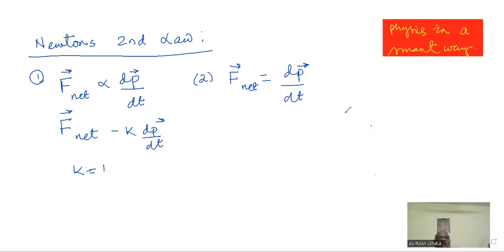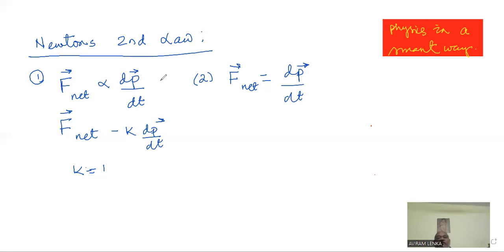And that says, if somebody refers to the so-called initiative rule, that the net external force, as described in the first law, is proportional to the rate of change of momentum.